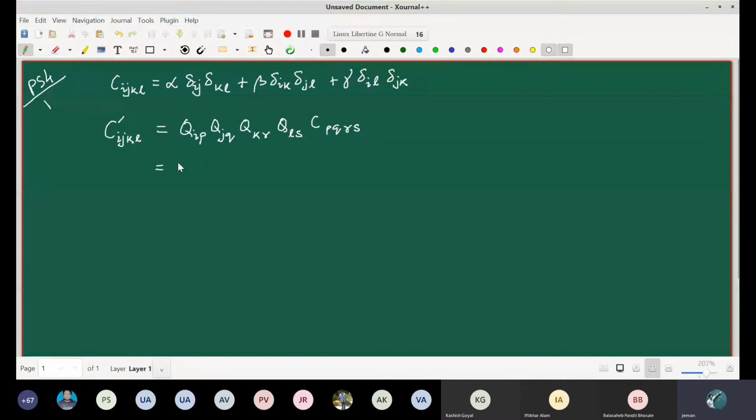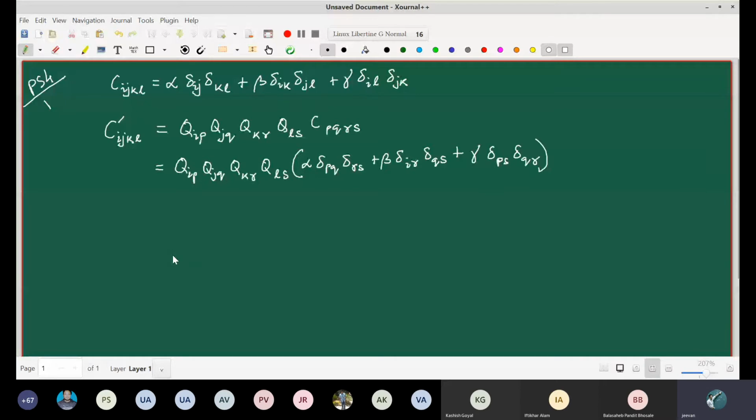I'll keep the rotation terms as they are, and for C_PQRS I'll use alpha delta_PQ delta_RS plus beta delta_PR delta_QS plus gamma delta_PS delta_QR.